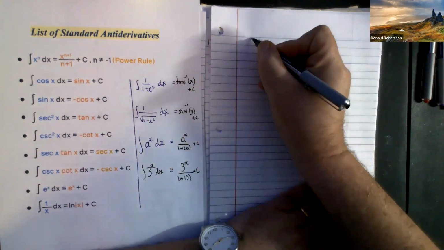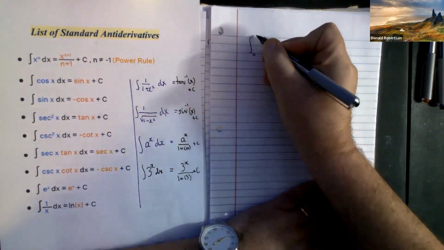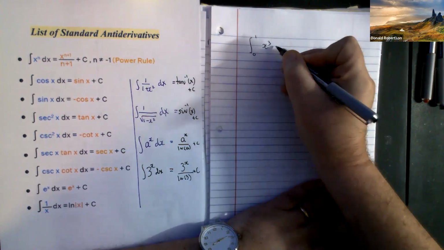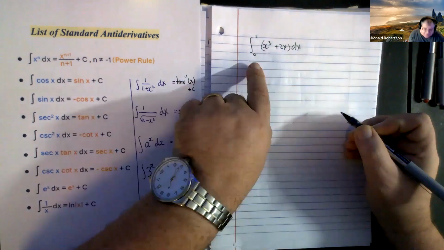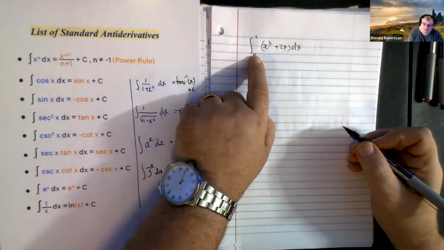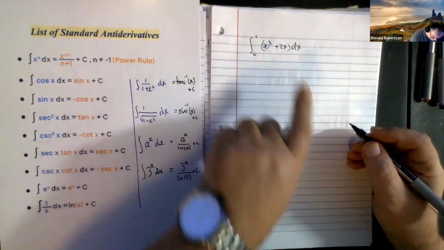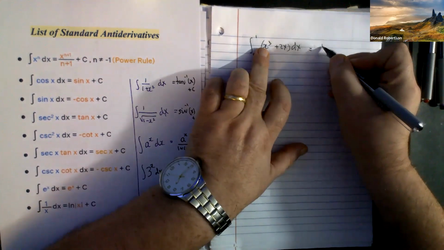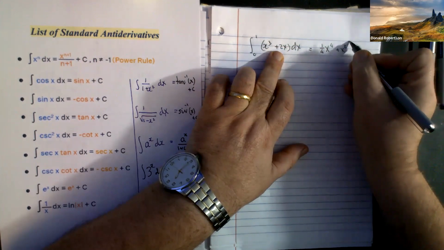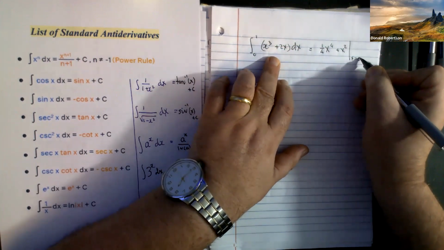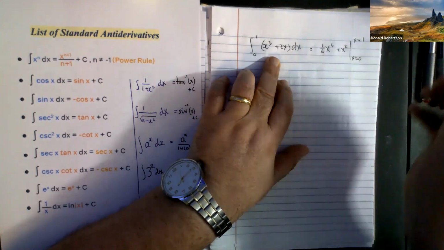So a definite integral would be something like this. A definite integral has numbers to start and finish, so 0 to 1. And the way that we do this is we use the power rule, and then we evaluate it at 0, and we evaluate it at, say, 1.